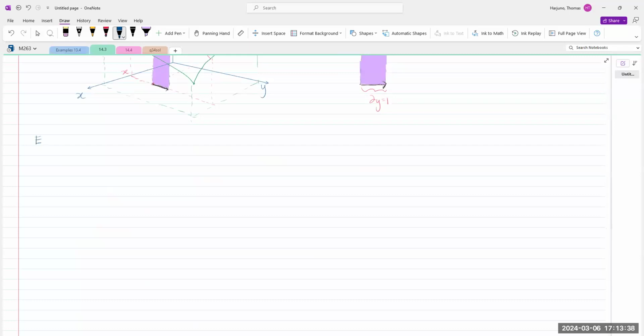So we go back to basically doing another practice of partial derivatives. Let's say f of x, y to be sine of x over x plus y.